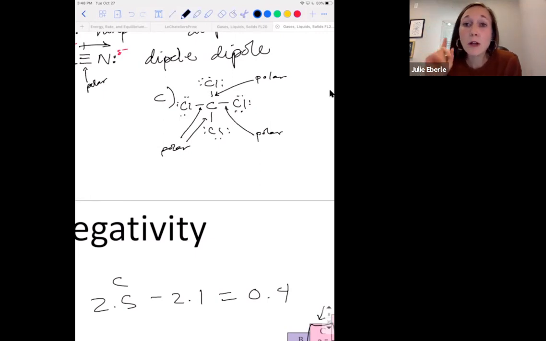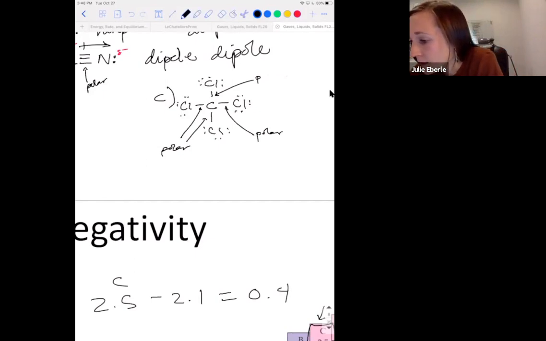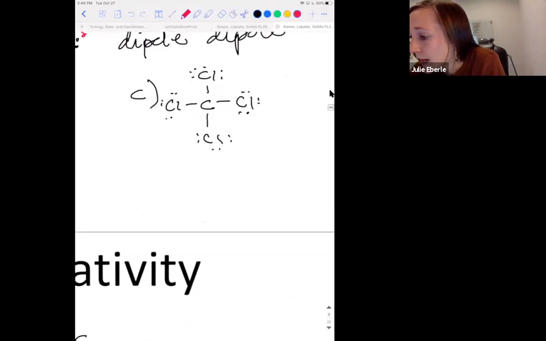One caveat with stuff that's polar, remember, you have to ask yourself, is there symmetry here? Zoe says no, because they cancel out. And what I think she means, if I erase a little bit and clear our structure back up, let's look at this structure. We have polar bonds, but if we draw dipoles in, we would draw them all pointing towards the chlorines, okay?